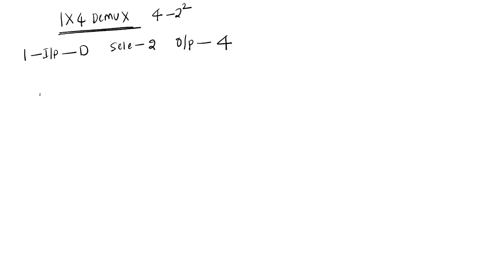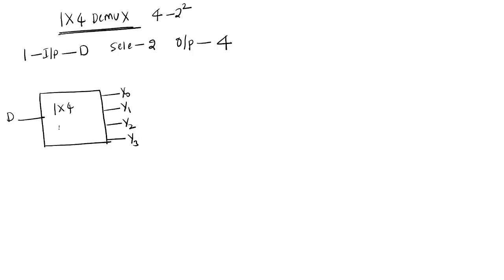The block diagram will look like this: the D input and outputs Y naught, Y1, Y2, and Y3. This is the 1 cross 4 demux, and these are S1 and S0.